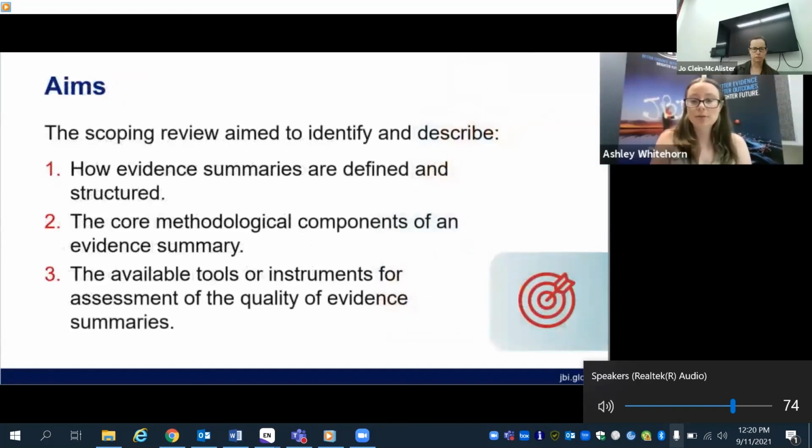Therefore, the objective of this scoping review was to identify and map the available evidence related to evidence summary methodologies, and more specifically, how evidence summaries are defined and structured, the core methodological components of the evidence summary, and the available tools or instruments to assess the quality of the evidence summary.